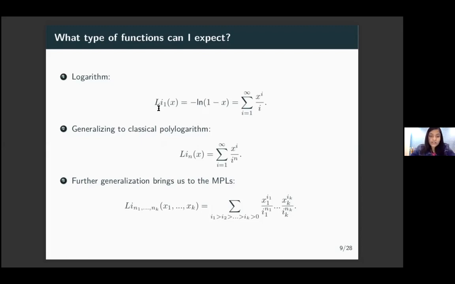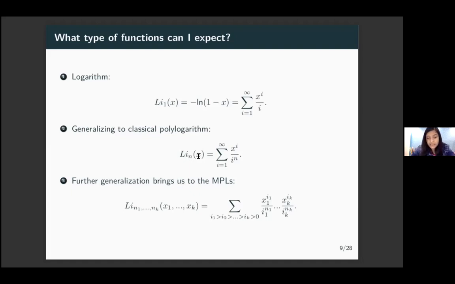Now you can generalize this logarithm to a classical polylogarithm by going from 1 to any n, and it looks like this. Further, you can generalize this, and that brings us to something which we call multiple polylogarithms, MPLs, and they look like this. Here I generalize not only n but also the x's.